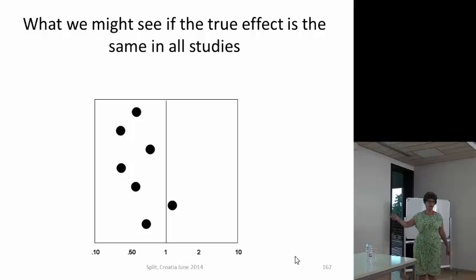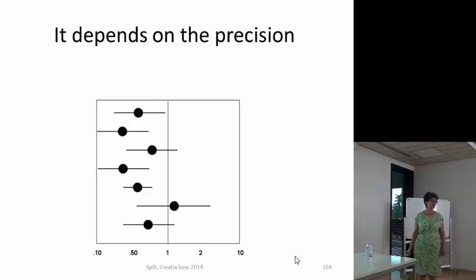We can't know that until we look at the precision of each of the studies. Okay? So if the studies are very imprecise, each one, then it's likely that all of the observed dispersion is due to sampling error variance.